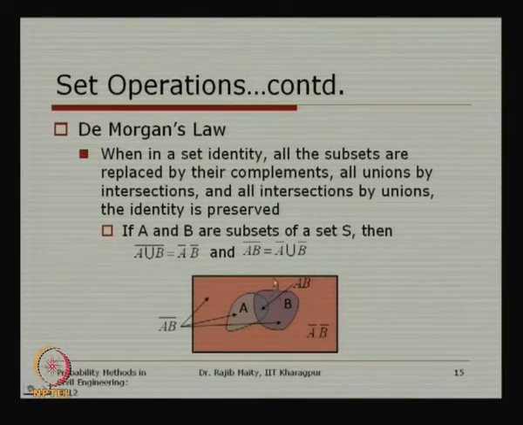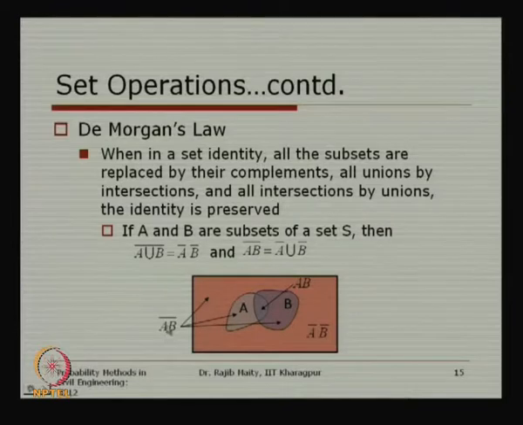If we take the intersection between these two outside areas, then only this area where my cursor is moving now is your A complement intersection B complement.